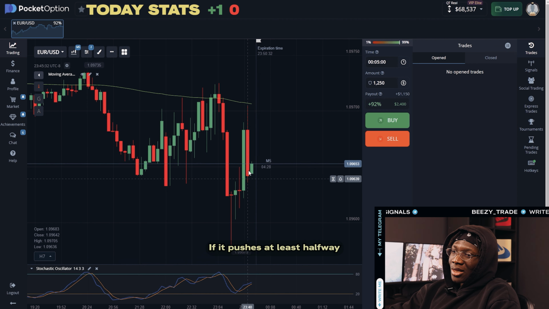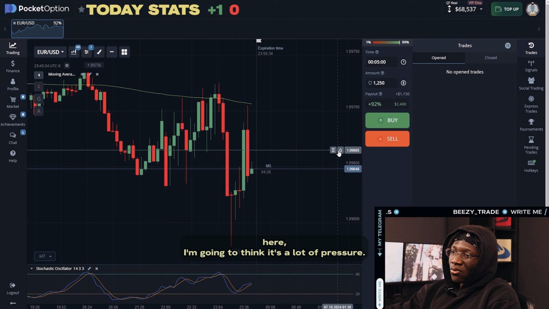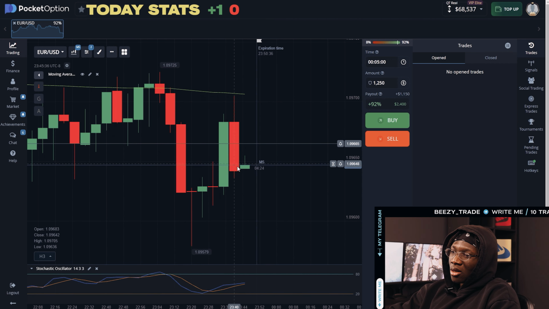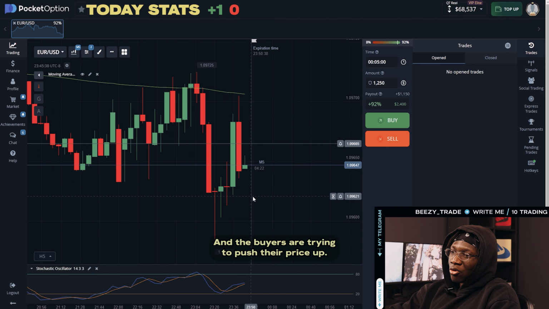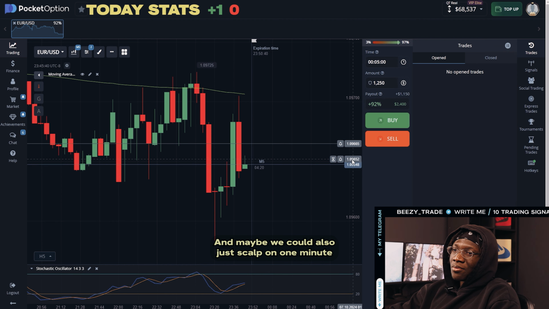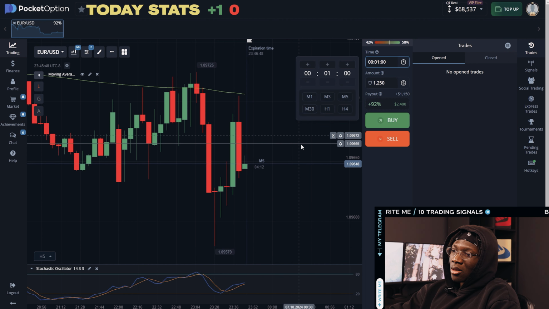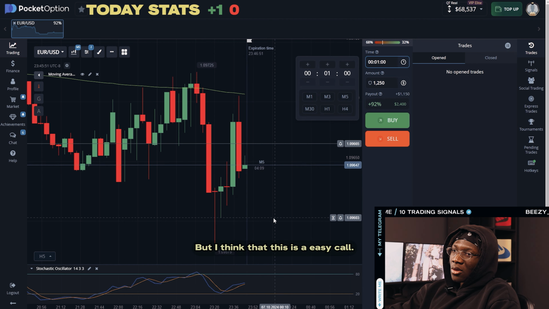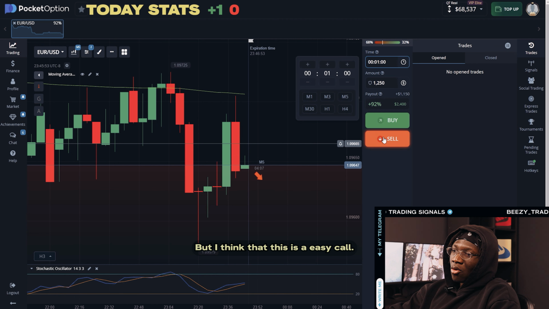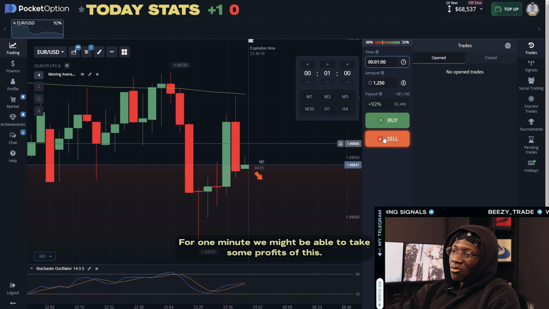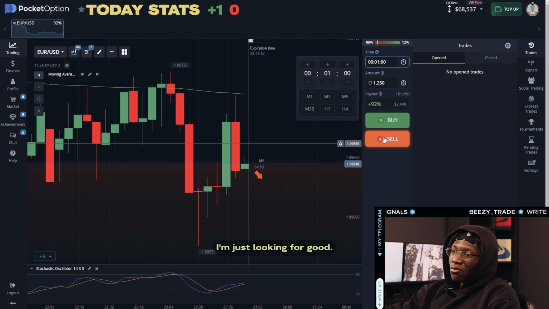If it pushes at least halfway here, I'm gonna think it's a lot of pressure, and the buyers are trying to push that price up. Maybe we could also just scalp on 1 minute and take some profit, following that trend with the buyers. But I think if this is an easy call for 1 minute, we might be able to take some profits off this.